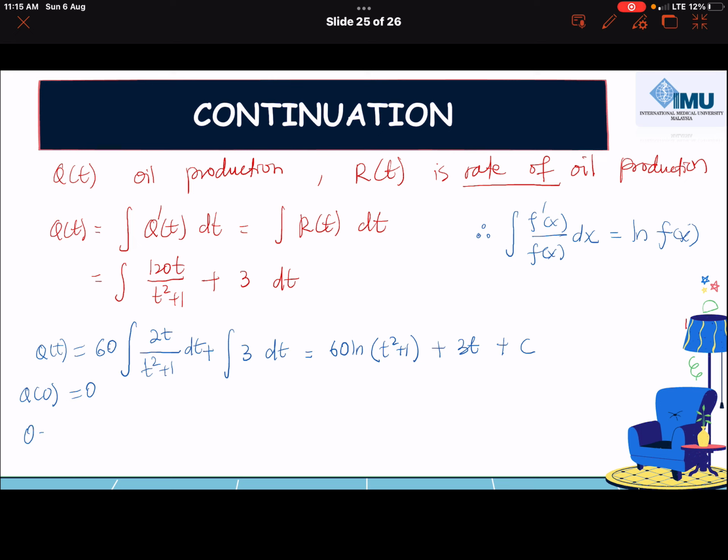So 0 equals 60 ln(0 squared plus 1), which is ln 1, plus 3 times 0, plus c. At the end of the day, you will get c equals 0. So the complete function of Q(t) is just simply 60 ln(t squared plus 1) plus 3t.